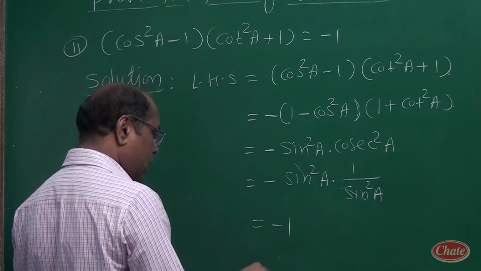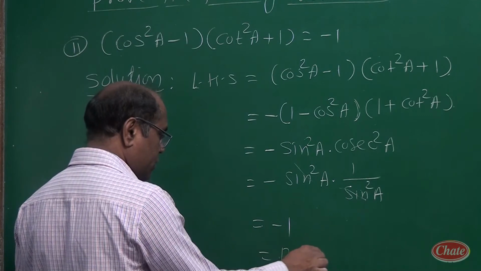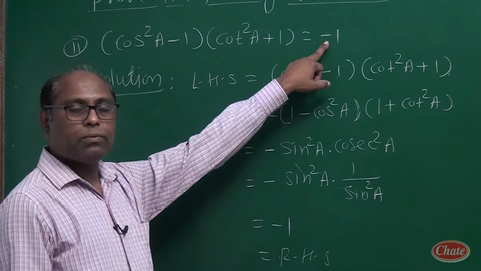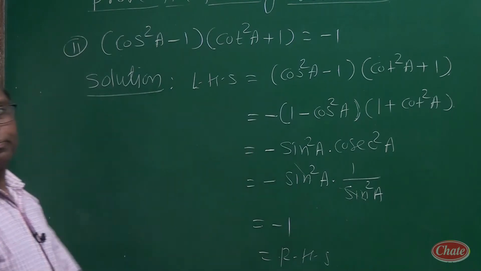What we get here is minus 1, and that is equal to the RHS. What is the RHS? Minus 1. So that is the proof.